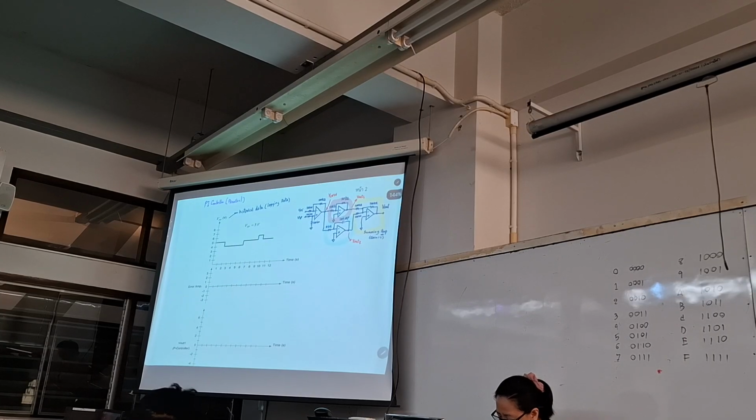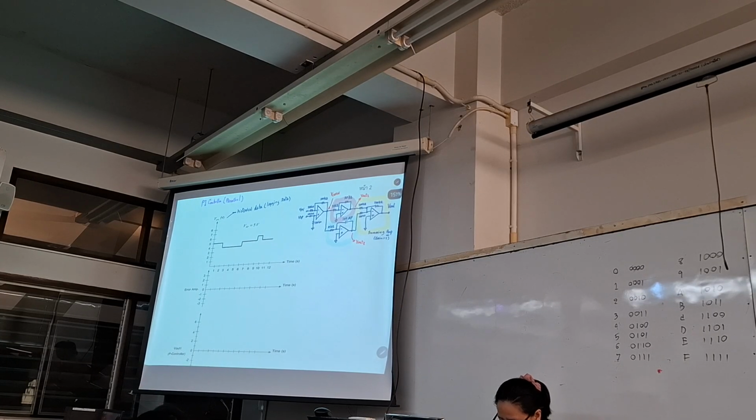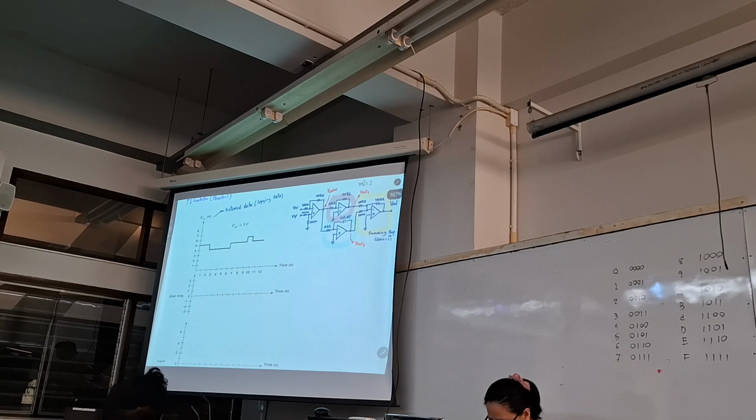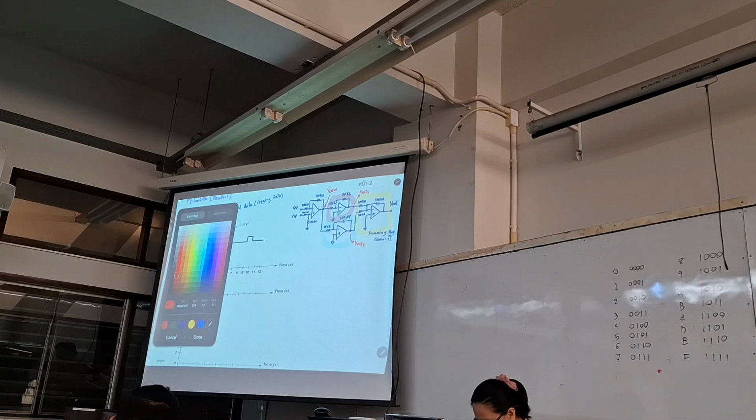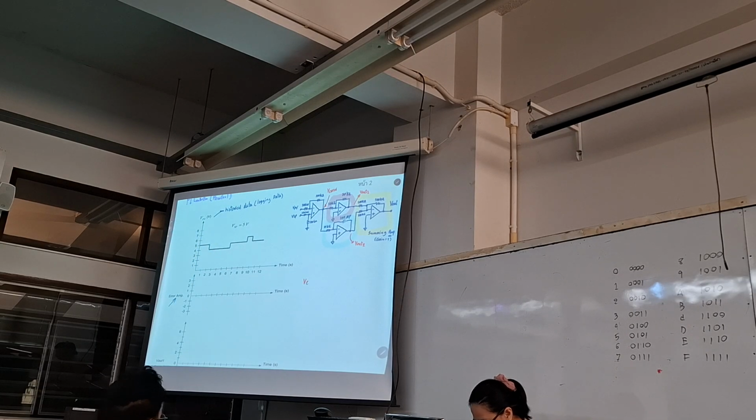Okay, let's do one after the other. We start from the first one. The first graph is called V error. We can start from here. V error is equal to, what is the formula here? Because V error is the difference between V set point and VPV, V error can be written as V set point minus VPV.